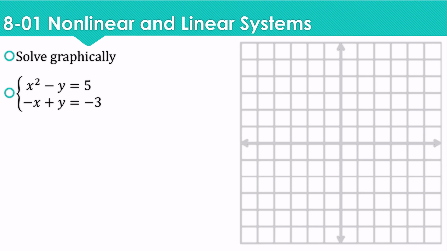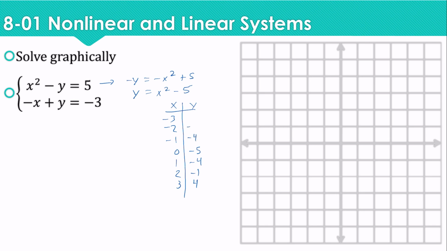So let's start with graphing the first equation. Maybe let's make it equal to y. So subtract the x squared and divide by a negative 1. That is a parabola, so we could make a table of values on that. Zero is negative 5, 1 is negative 4, 2 is negative 1, 3 is 4.